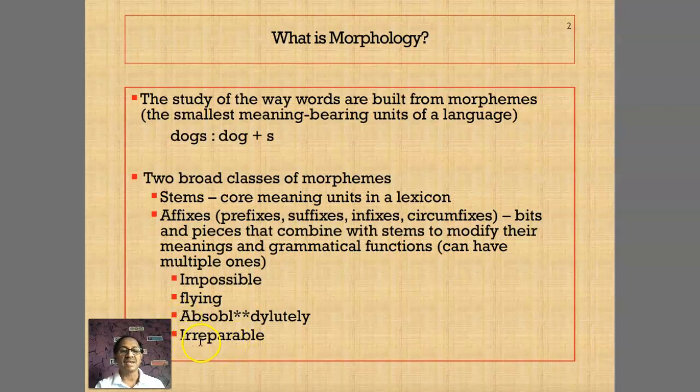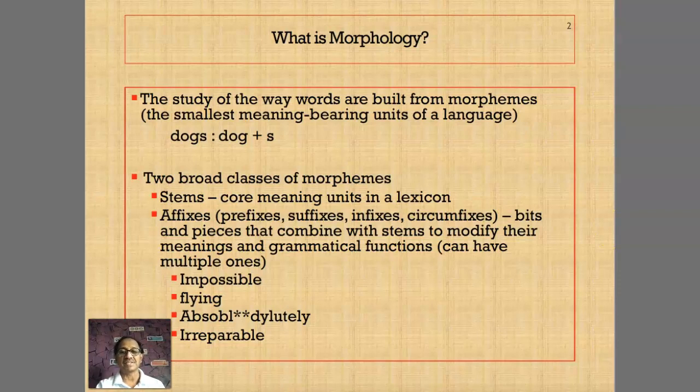One prefix, ir, which is a negative, and there is another affix, which is a suffix, able. So repair, repairable and irreparable. So in the word irreparable, repair is the stem and ir and able are the morphemes.